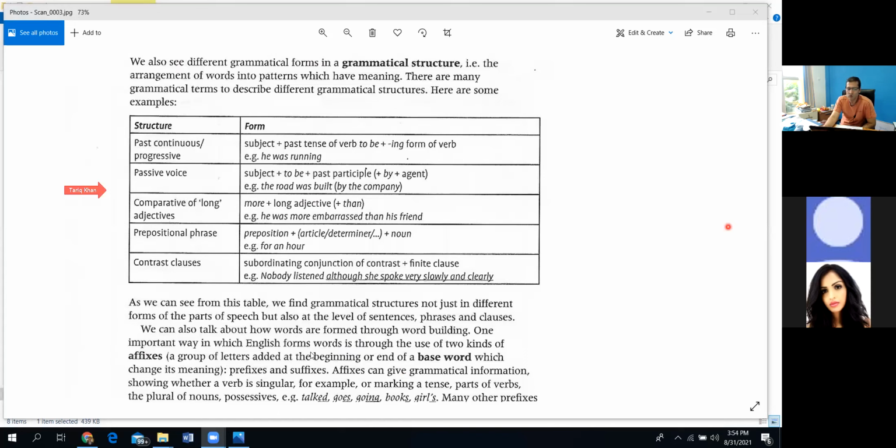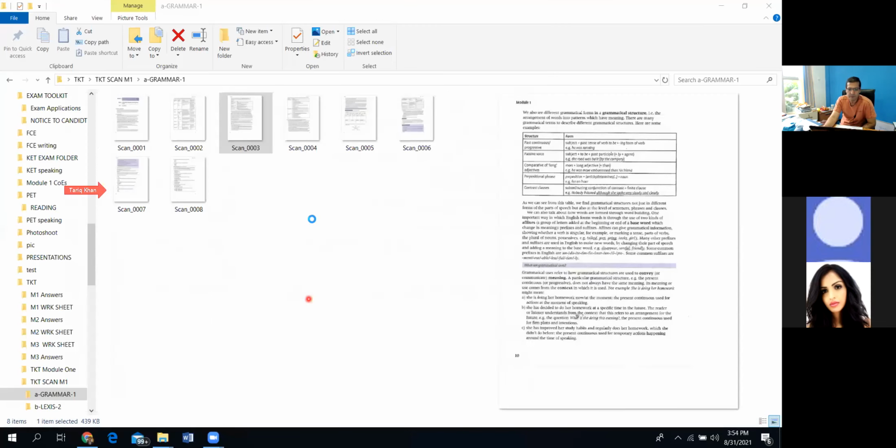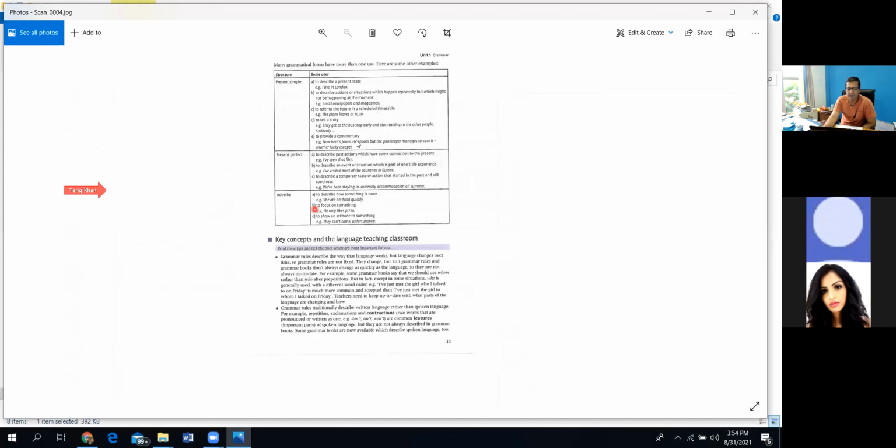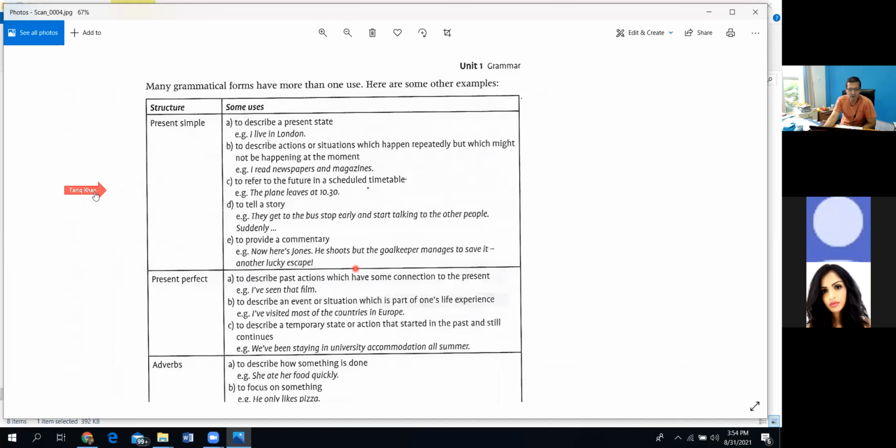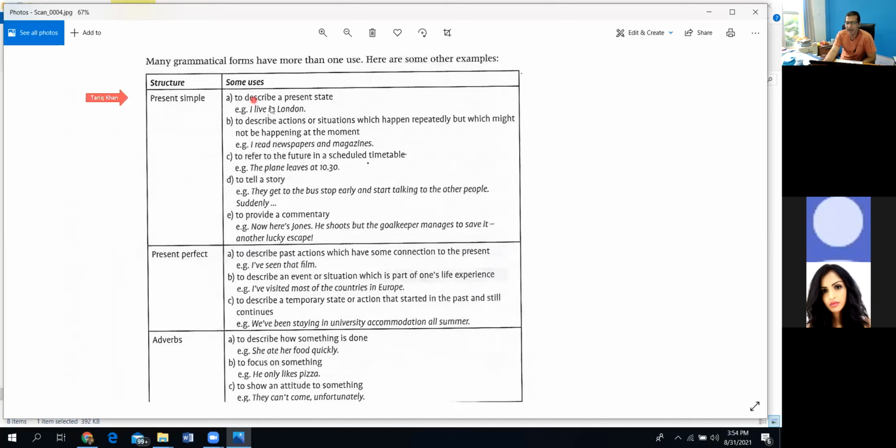So we will go to the next page. And this is the third area where you will be tested. The third area is what? It is the structure and uses. Most of the time, the structure and uses is regarding the tenses, like present simple tense or continuous tense or perfect tense.